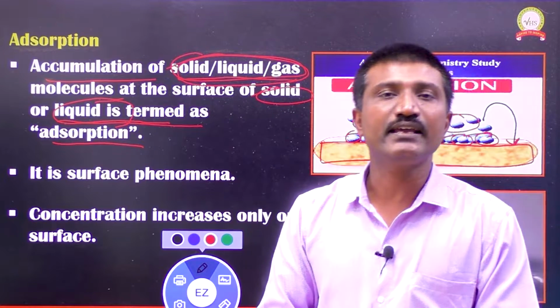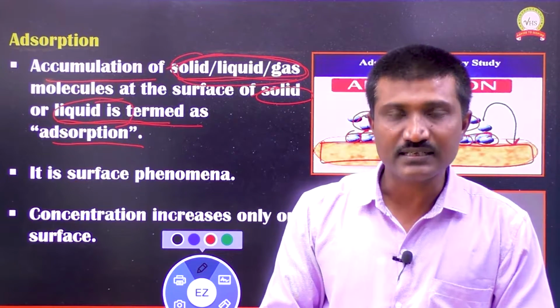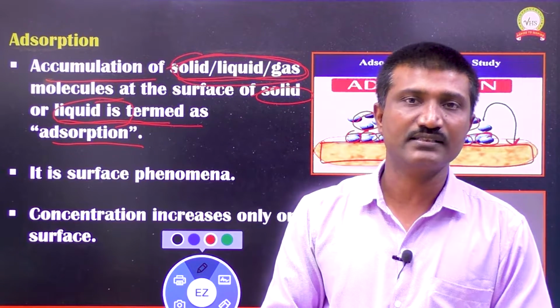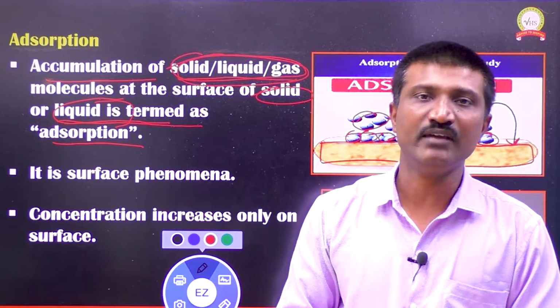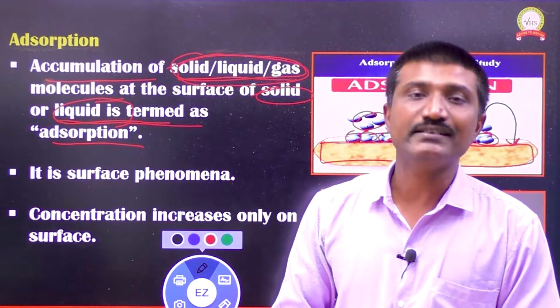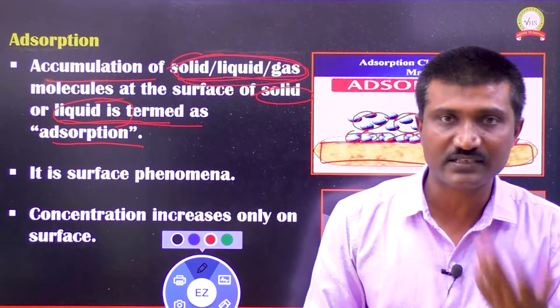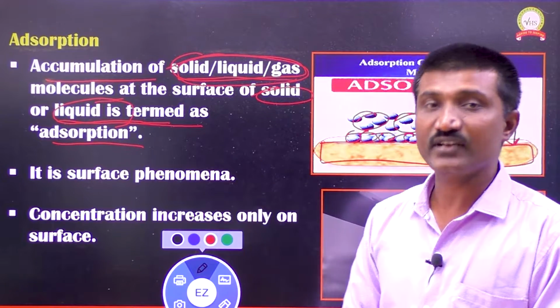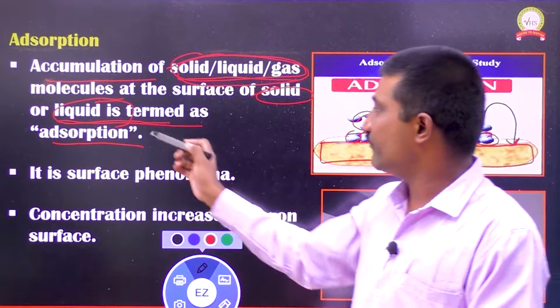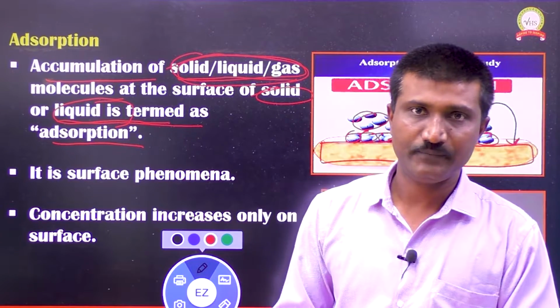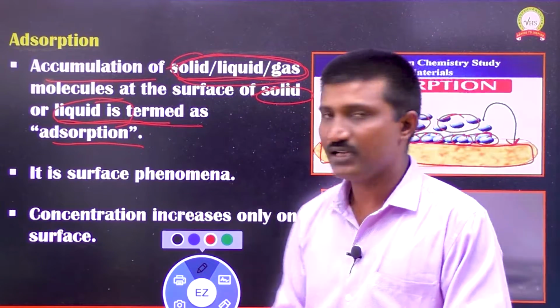But we are not taking gas as a substance providing surface, because we already discussed that for gases we do not express any surface. Only solid and liquid provide surface.